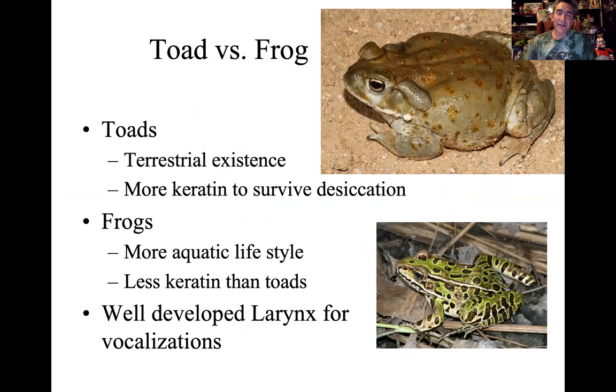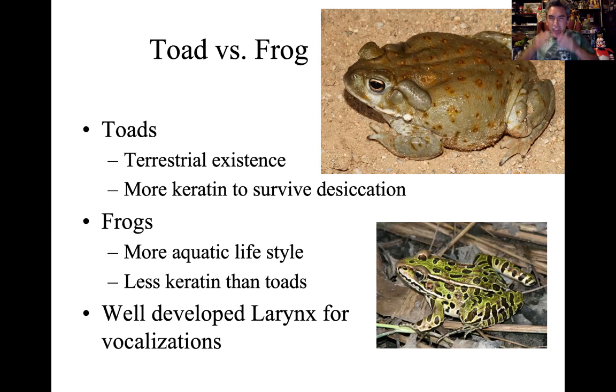I just want to make a little brief distinction, and really taxonomically, there's not a big distinction. Anurans include both frogs and toads. The common vocabulary, the common folk would kind of distinguish a frog from a toad. There's exceptions to both, right? But I'm just going to put this out there. So frogs are typically a little bit more aquatic. So if you're more aquatic, you have fewer modifications for being in a dry habitat.